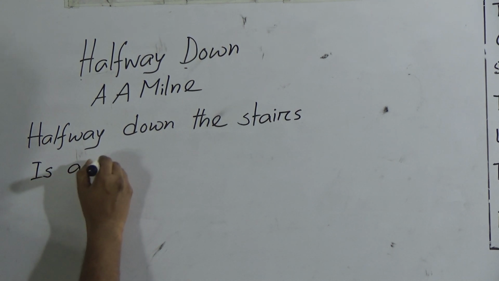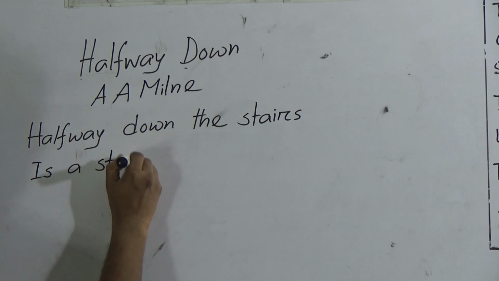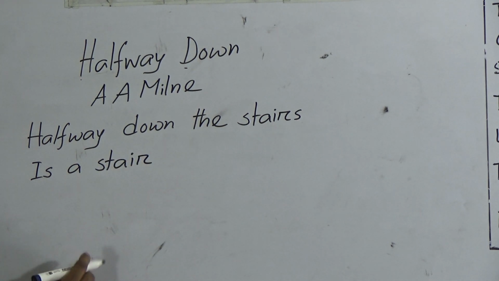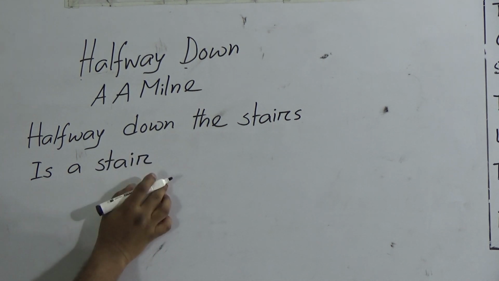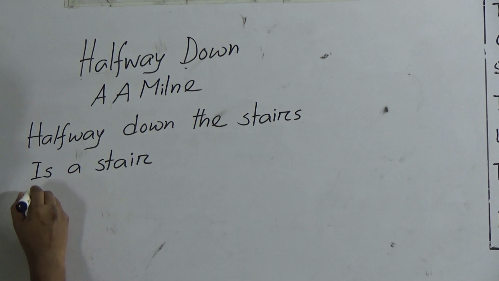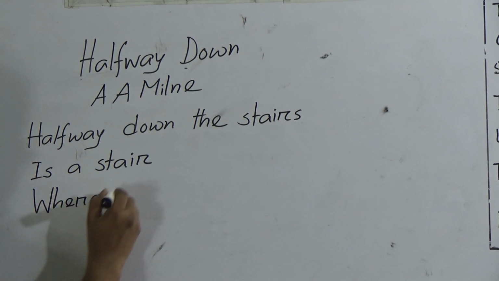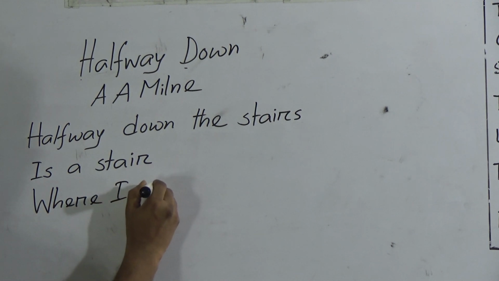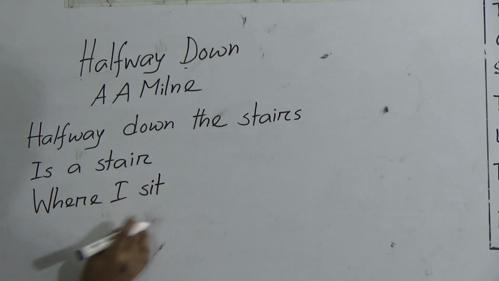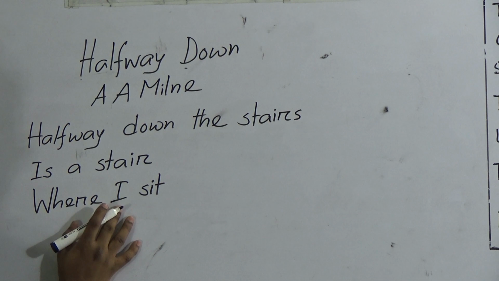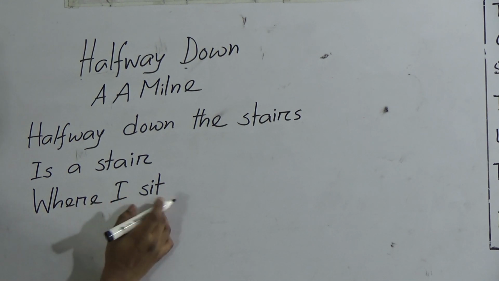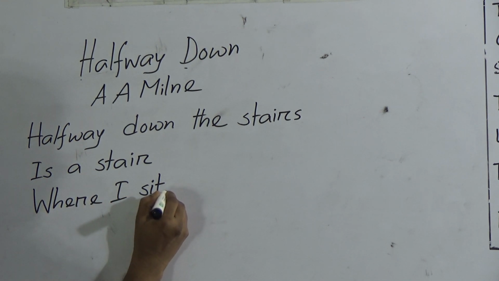Is a stair, S-T-A-I-R. So halfway down the stairs is a stair where. W will be capital, where I sit. Okay, single I will always be a capital letter. Remember that. Where I sit, there is a full stop.